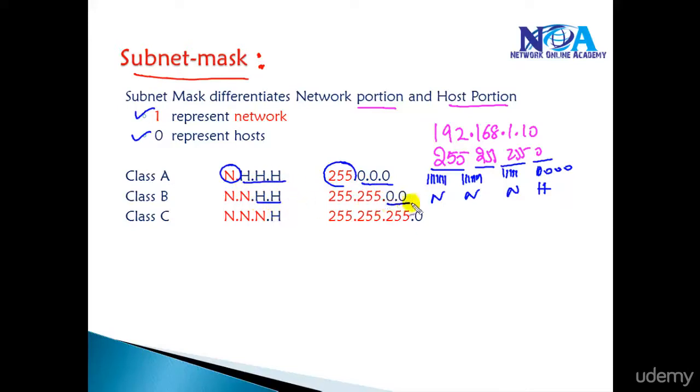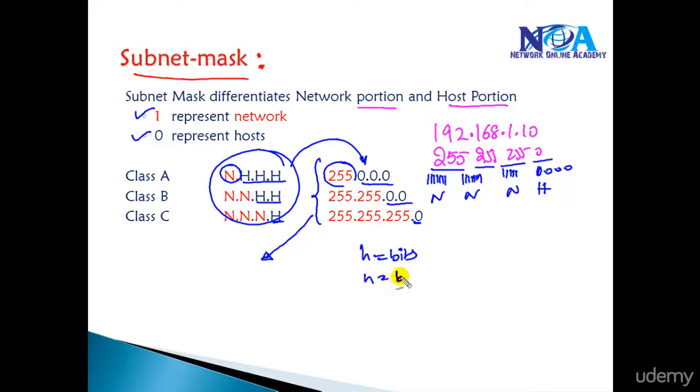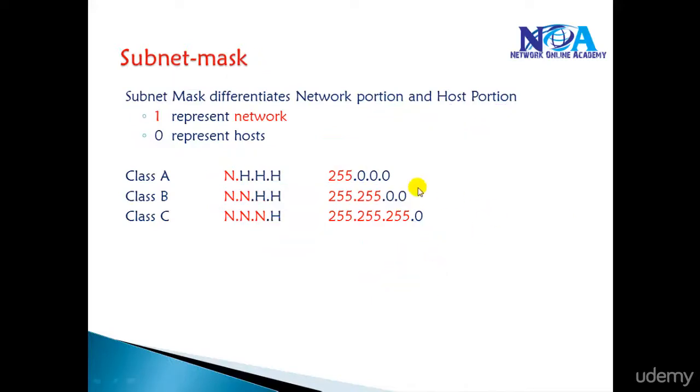Like here you can see there are 2 host portions, 2 zeros, and 1 host portion, 1 zero. It's another way of defining how many network portions and how many host portions. In general, we memorize these options, but the subnet mask tells what is the size of the network, and how many host bits and network bits we have in the entire IPv4 address.